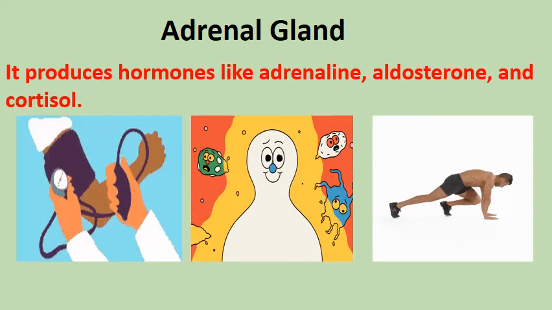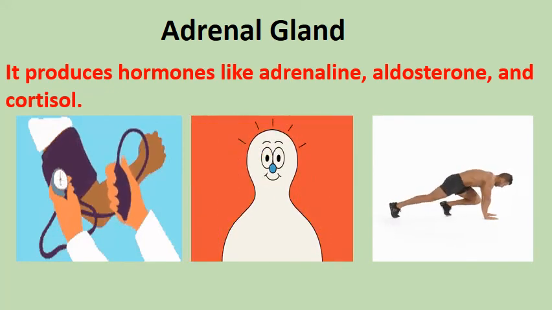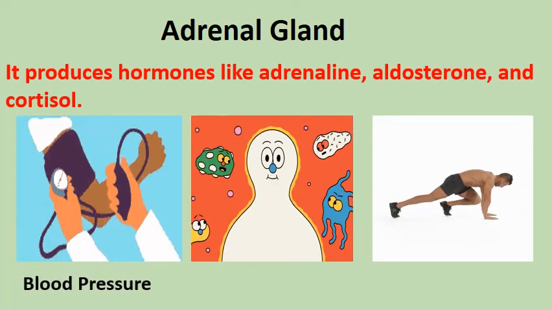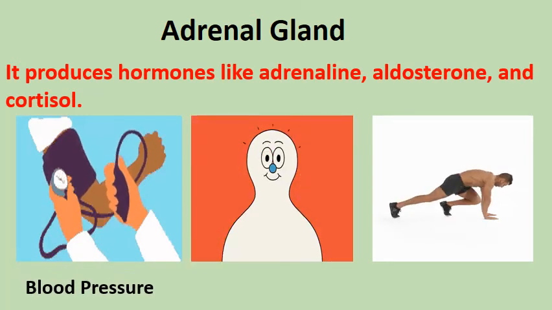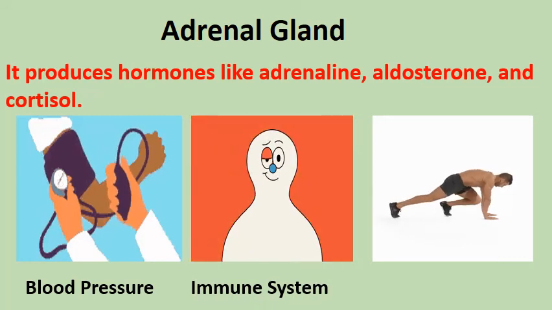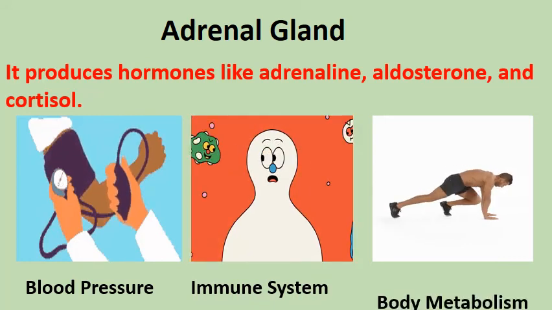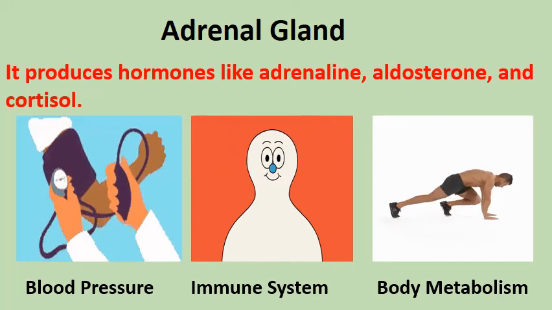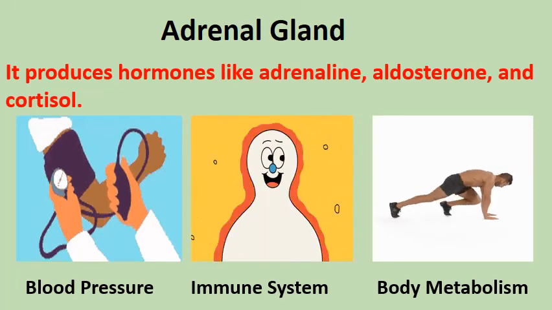Whenever you have issues concerning your blood pressure, it means there's something concerning your adrenal gland. The same goes for the immune system and your metabolism. These three things are controlled by the hormones secreted by the adrenal gland.